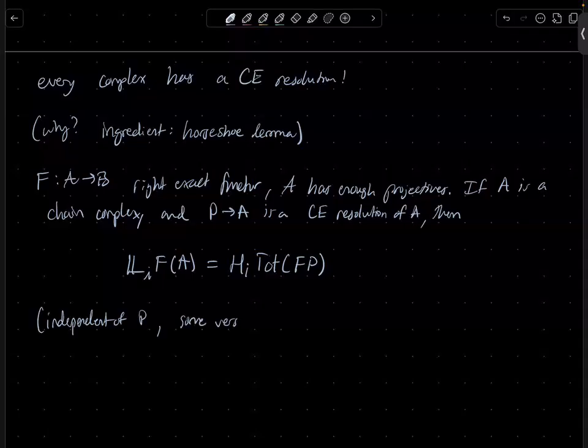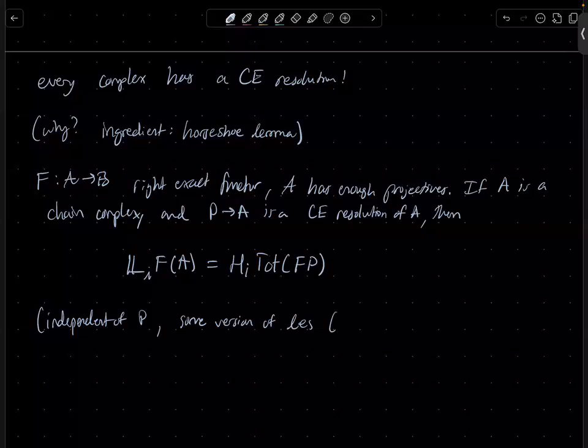So there's some version of long exact sequence, but we need A to be a bounded below complex, for some technical reasons.